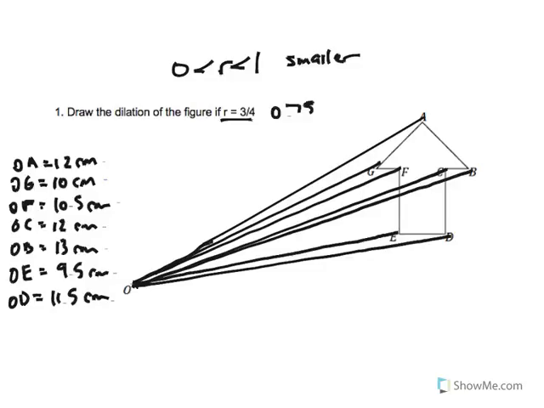So let's multiply each one by 0.75, and we will get the length of our new segment. I'm going to do just some quick calculations. I'm going to put the new side length in red. Okay, 9 centimeters.